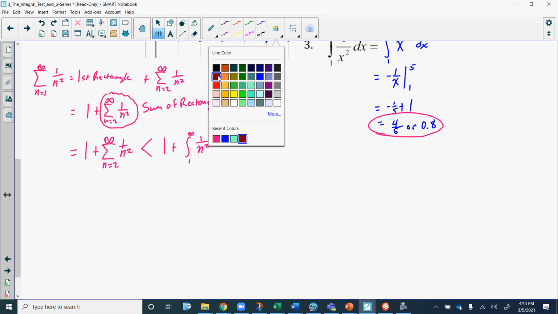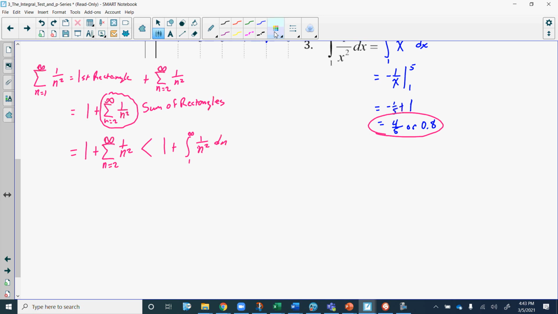If I take a look at the limit for the improper integral here, we're going to say the limit as, and I'm going to use the term b, as b approaches infinity of the integral from 1 to b of 1 over n squared dn.